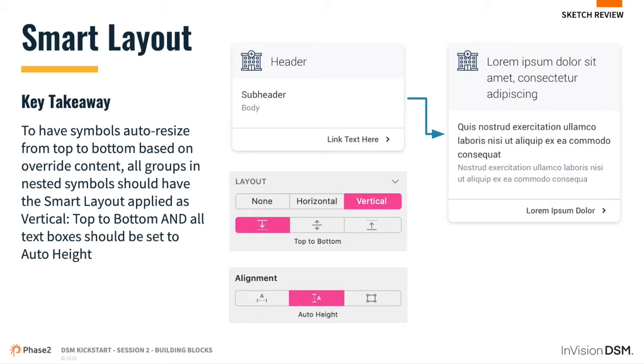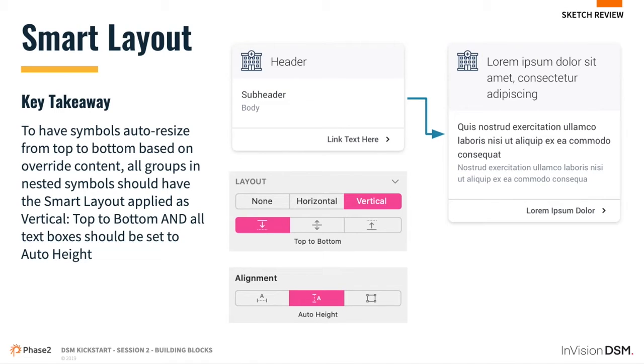Smart Layout allows you to maintain the padding and spacing between layers in a symbol when editing its overrides. Once you've set up Smart Layout, a symbol instance will automatically resize when its overrides are changed. You can see in this example here that when I edited the text, it automatically increased the card in height to account for that additional text while maintaining the original padding in between elements.